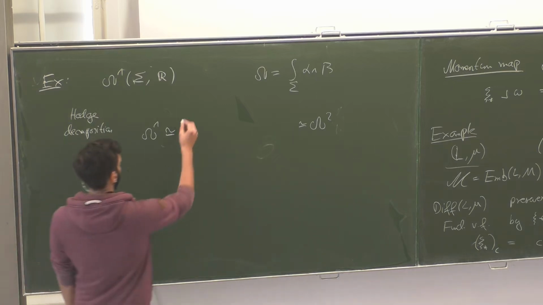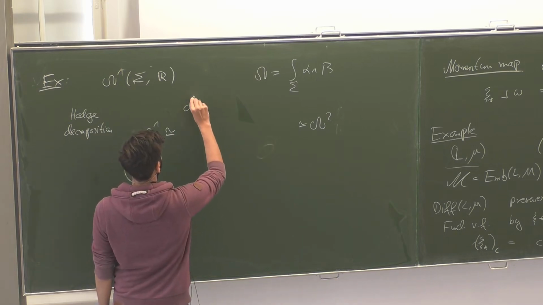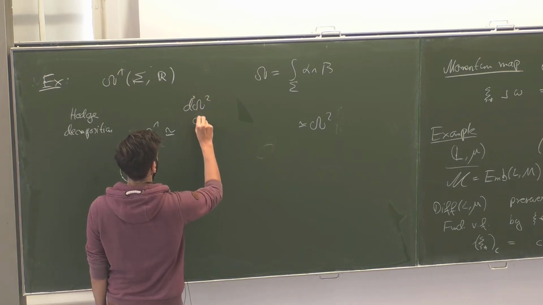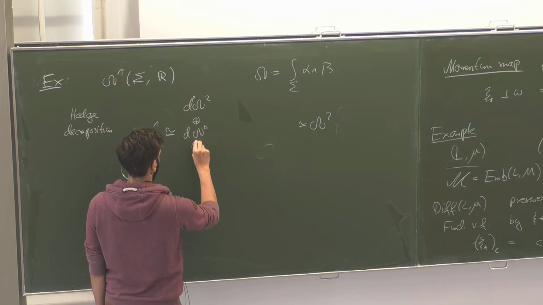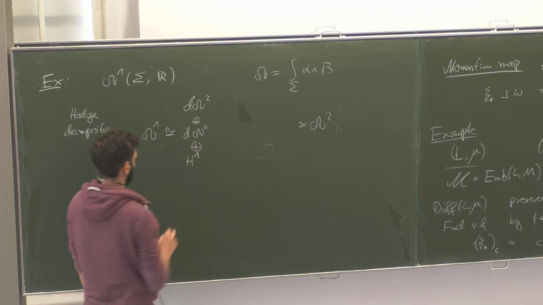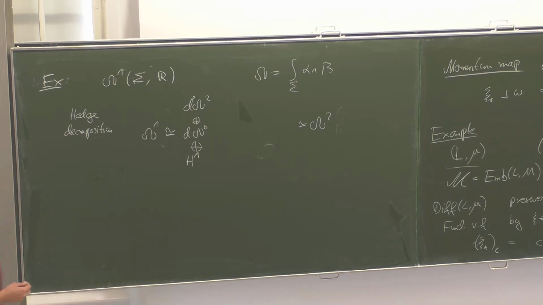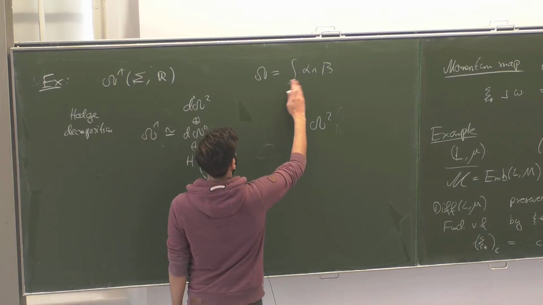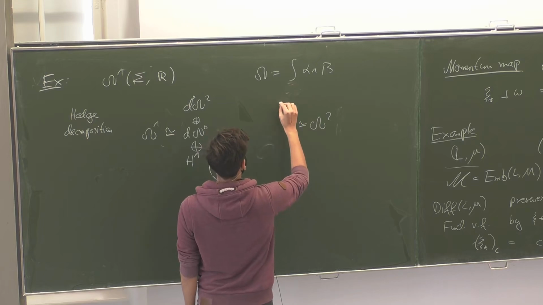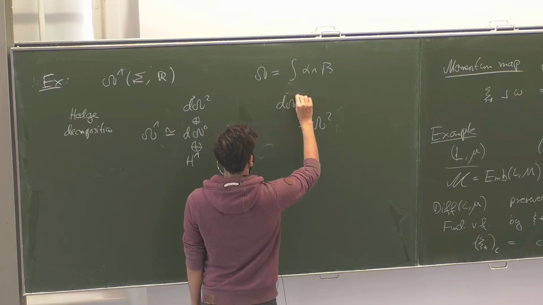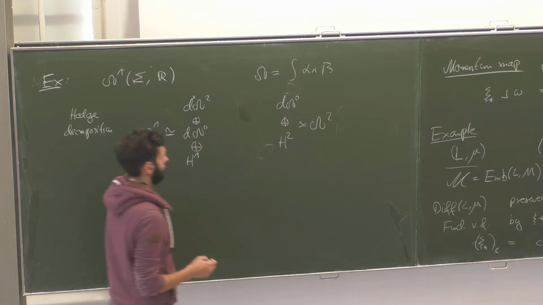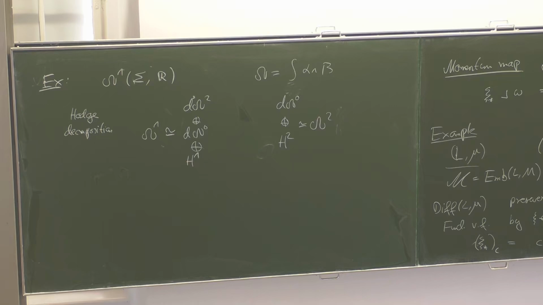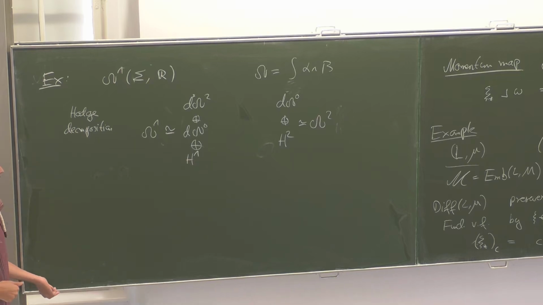The Hodge decomposition of the one forms says that we have the dual of the two forms plus some part of the zero forms plus some de Rham cohomology class. And similarly here, we get a decomposition of the two forms into the second de Rham cohomology and the exact forms.